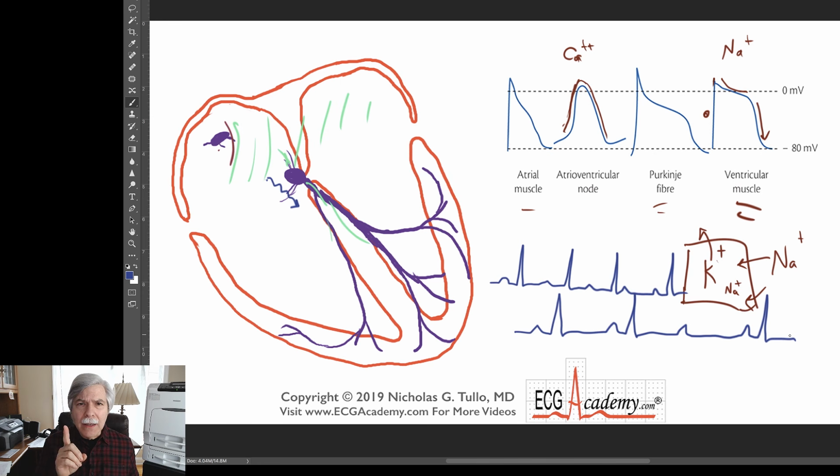It indicates that the level of the block is more likely down in the lower part of the conduction system, below the AV node. So in the His bundle and the bundle branches, you could have trifascicular conduction system disease, or you can have disease in the main bundle of His. And that causes this sudden failure of AV conduction with no preceding prolongation of the PR interval.